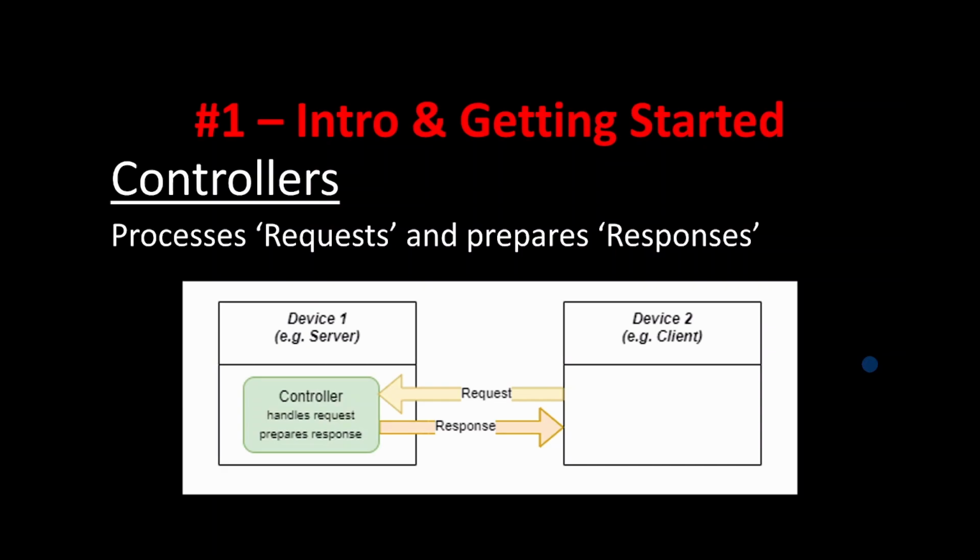Controllers are stored inside the controllers folder in the root of the app. They are basically C# classes whose public methods are called action methods. These action methods handle the HTTP requests and prepare the response to be sent to the clients, which is effectively shown here.